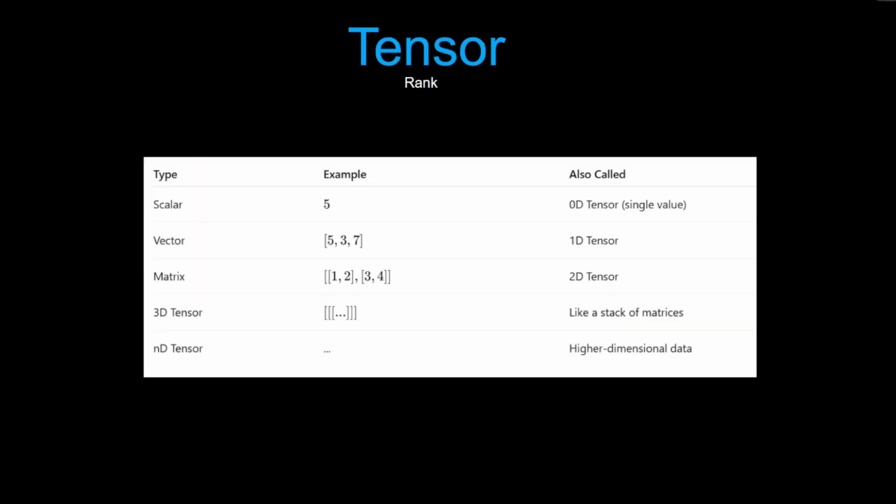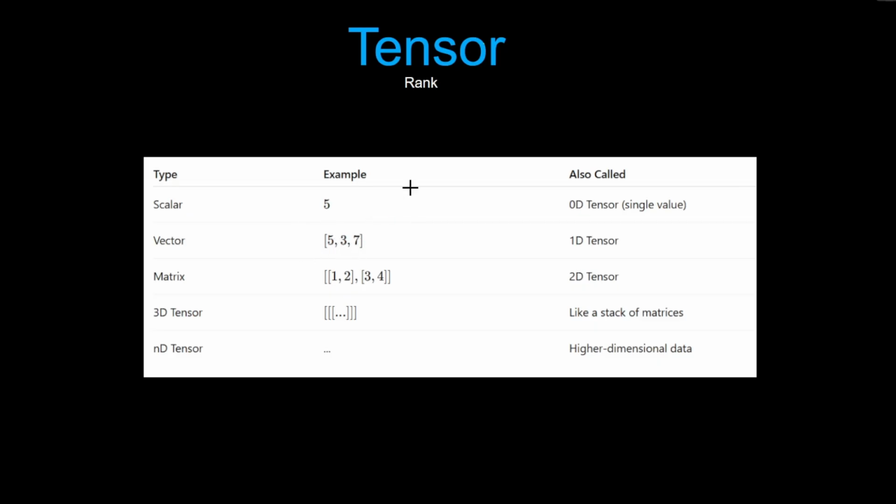So we know what a tensor is. Tensor is a generalization of scalars, vectors, or matrices to higher dimensions. So every scalar, vector, matrix is a form of a tensor. A vector has a single dimension, so it is called 1D tensor. A matrix has 2 dimensions, and that's why it's called 2D tensor, and so on. The rank is nothing but the number of dimensions a particular tensor has.